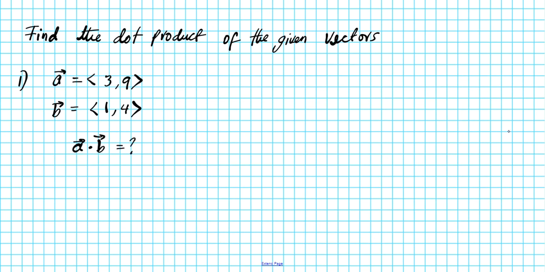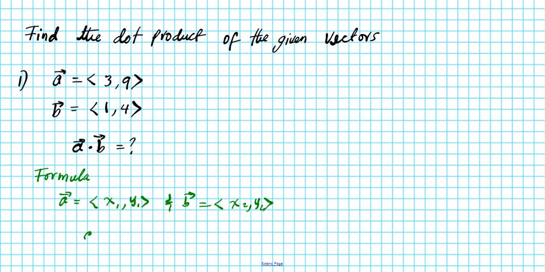Before we start this, let's go ahead and write down what the formula for computing the dot product is. Okay, so the formula is as follows. So let's assume that A is x1, y1, and vector B, the second vector, is x2, y2.